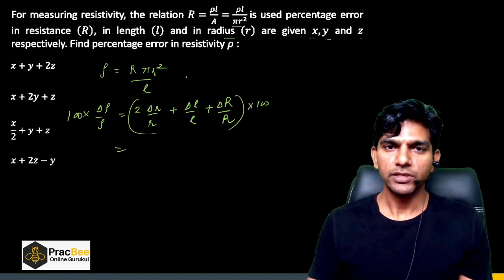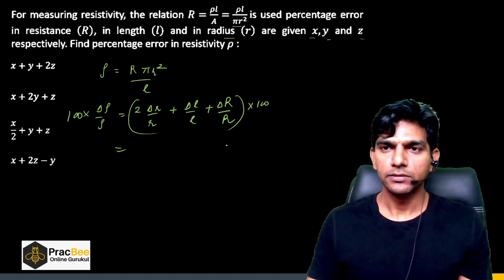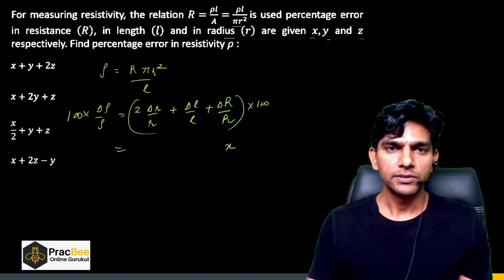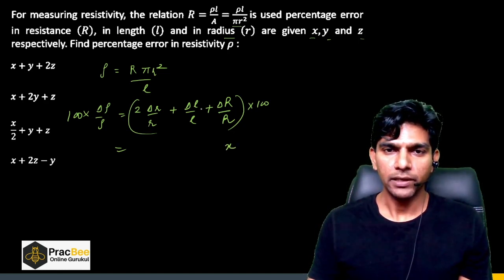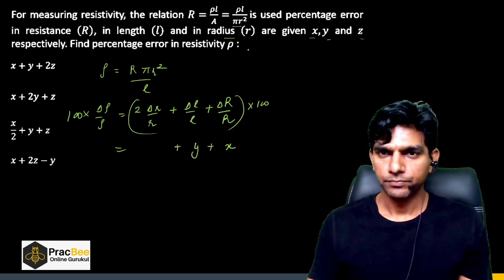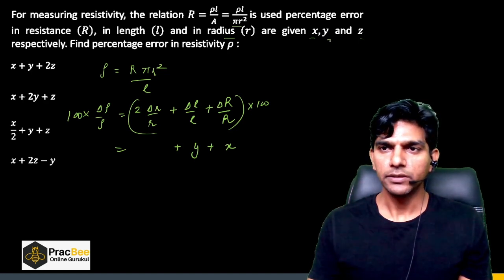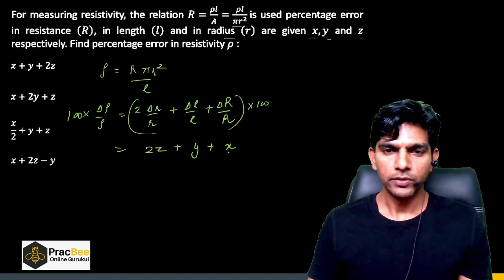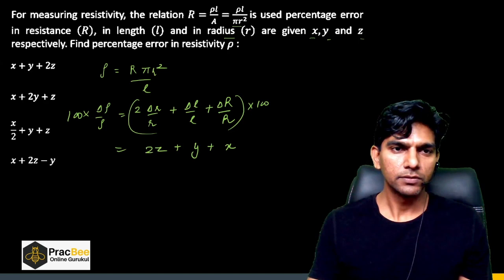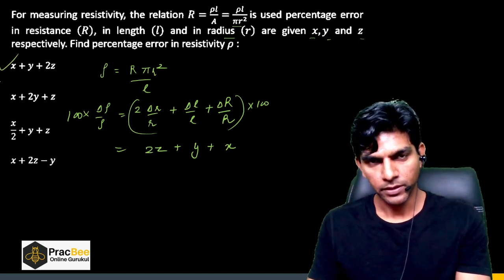Now the percentage error in capital R is x, the percentage error in L is y, and the error in small r is z. So this will be 2z. So x plus y plus 2z. So option A is the right answer.